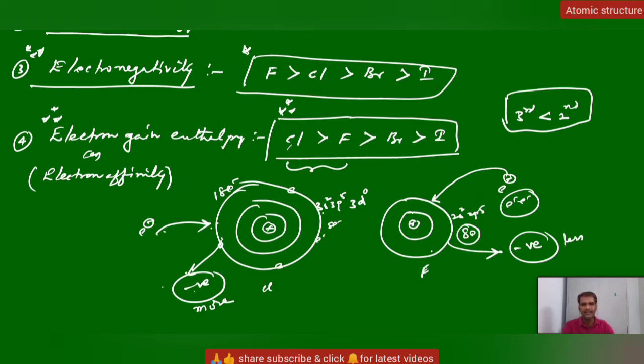That is why chlorine can release more energy by accepting electrons comfortably. Fluorine can accept, but this is only a comparative study; with respect to chlorine, the released energy is a little less. That is why chlorine releases more energy than fluorine, even though fluorine is more electronegative. The main reason is that fluorine's size is small, so it cannot accommodate electrons without electron-electron repulsions.